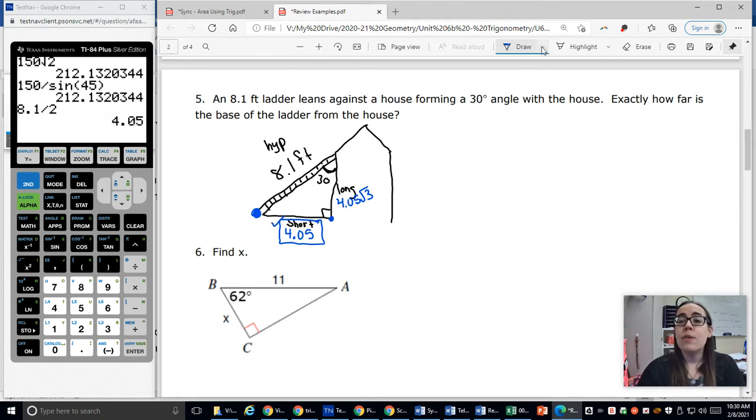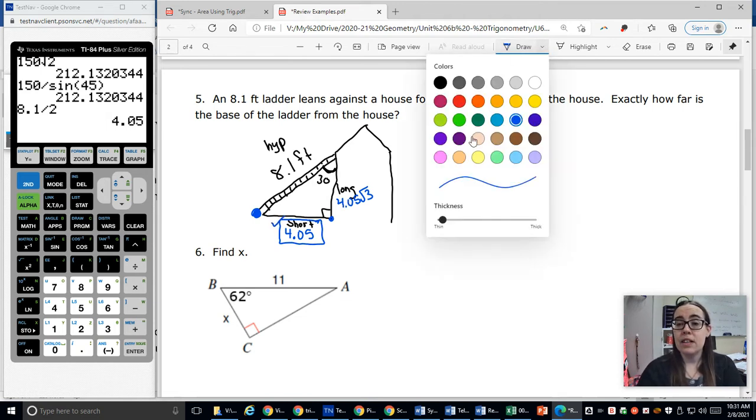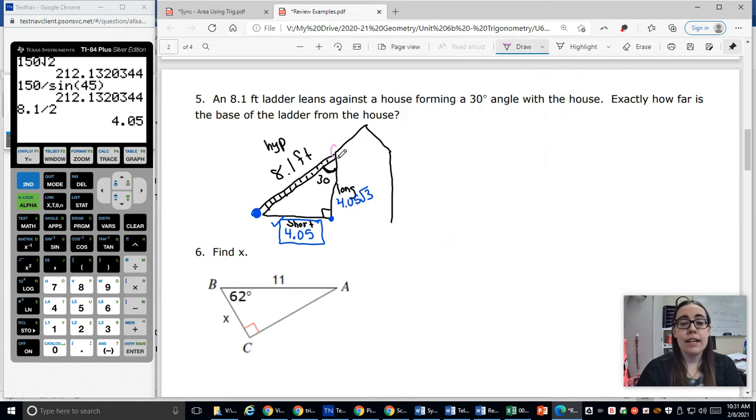Okay, if we want to use trig, let's look at that one. So for trig, I would put my smiley face at the acute angle that I know, the 30 degrees, and coming out of that acute angle, I know I have a hypotenuse and an adjacent side. And then across from there is my opposite. SOHCAHTOA.